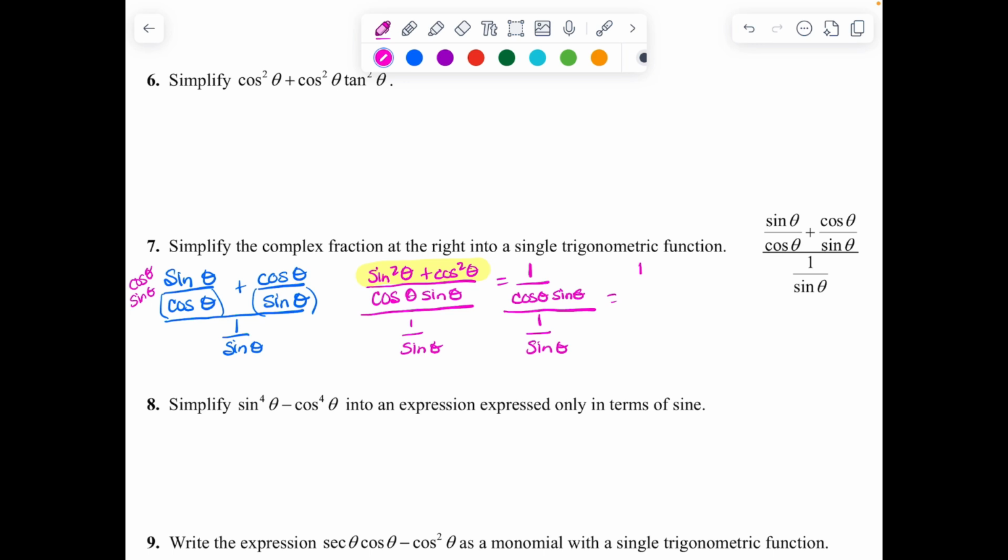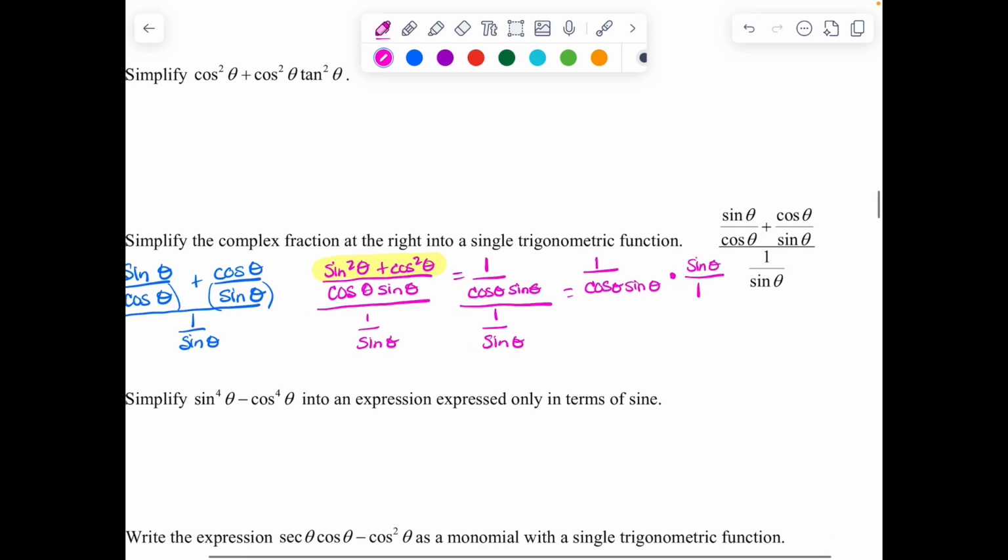So this will be 1 over cosine theta sine theta times the reciprocal, sine theta over 1. Then we'll see what we can get rid of. The 1s go away, so it's just a 1. Sine theta and sine theta go away, so we end up with 1 over cosine theta.